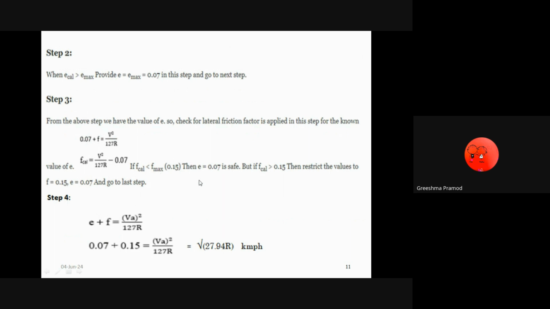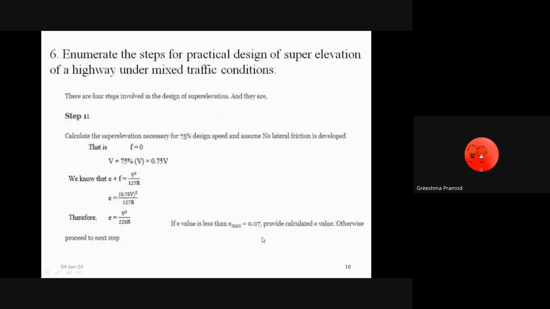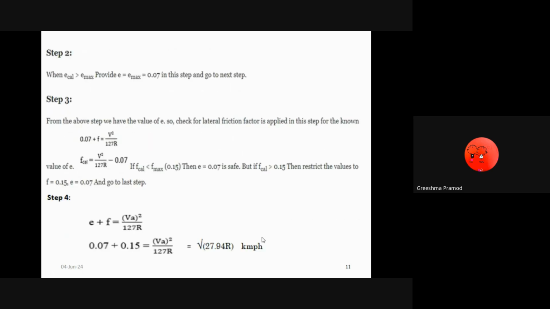If it is greater than 0.15, you need to find the allowable speed, given by the formula VA is equal to root of 27.94 R in kilometer per hour. So these are the basic steps for the practical design of superelevation. This is also important.